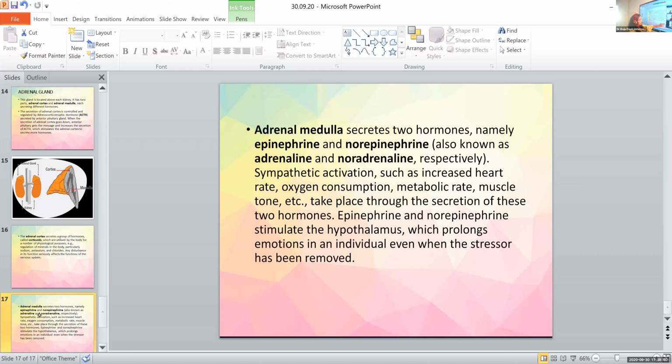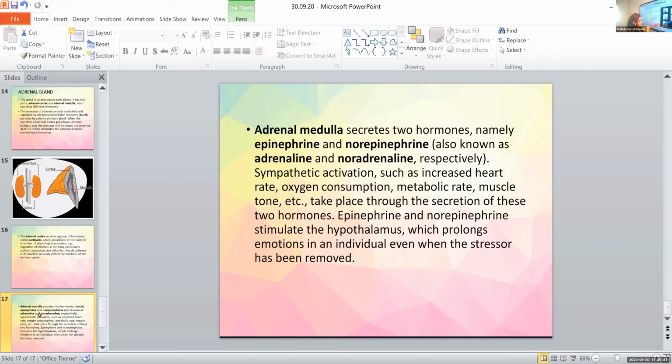And for a few seconds or few minutes, we'll be having the aftermath of that particular situation, right? Our heart will still be beating fast, and we'll be in great shock at that particular moment. So what happens is, this epinephrine and norepinephrine, they go and stimulate the hypothalamus, which prolongs emotions in an individual even when the stressor has been removed.